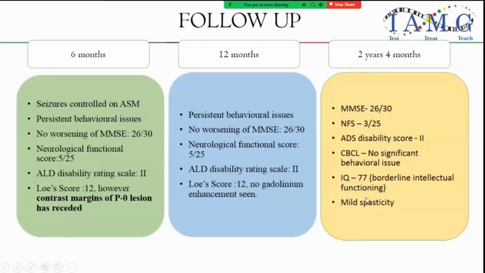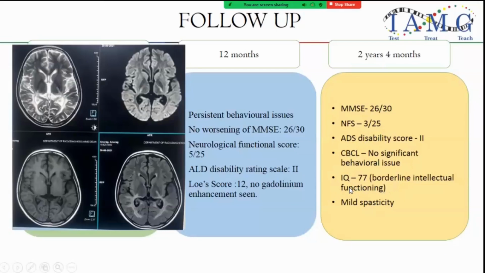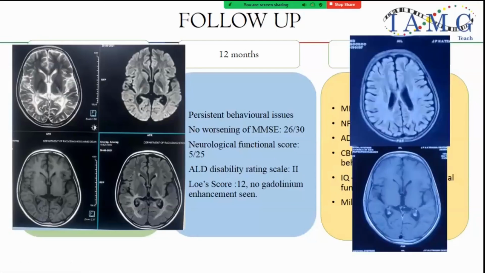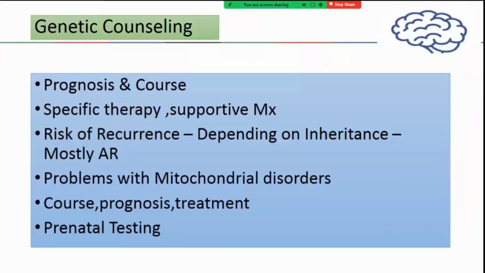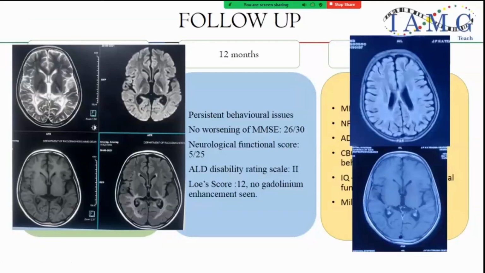And at 2.5 years, you can see that the behavioral problems have also gone. The scoring which they did initially has come down. And you can see the MRI which was there earlier and later on, which shows improvement. So now this child is static, in fact with some improvement in the behavioral abnormalities also, and is doing well.